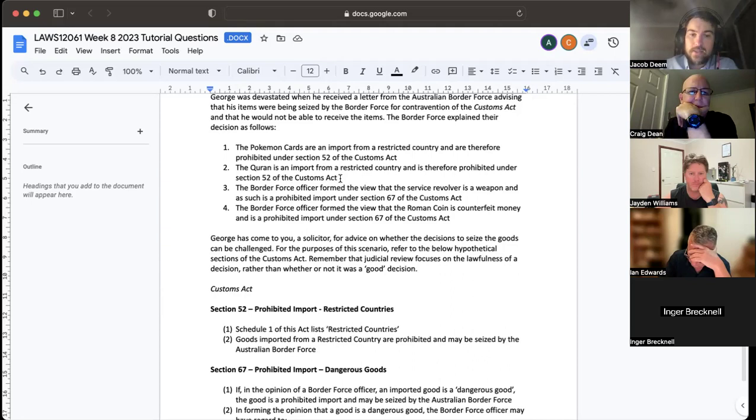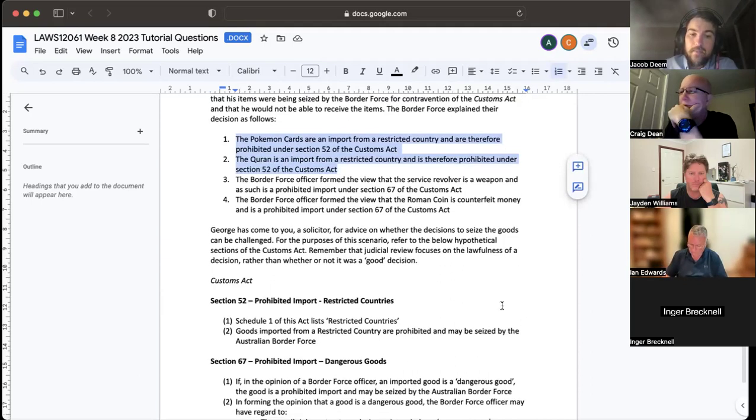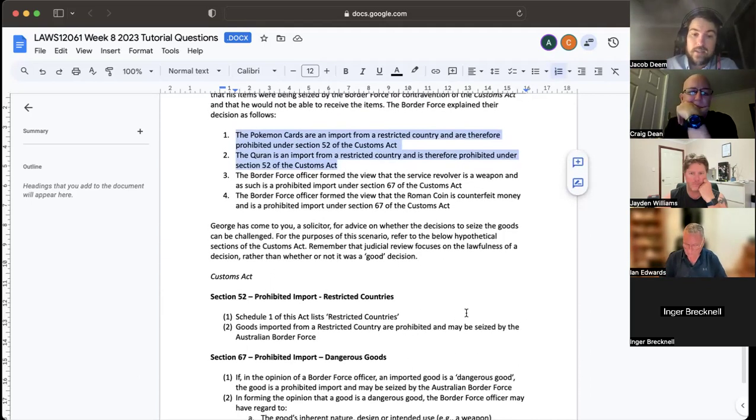Let's talk about items 1 and 2 first. The Pokemon cards and the Quran, which are apparently problematic under Section 52 of the Act as coming from restricted countries.